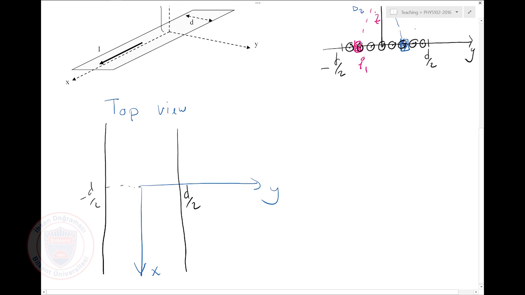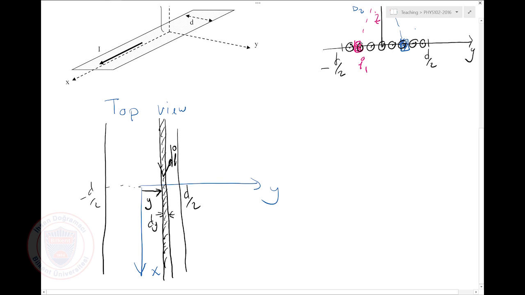Instead, I'll think of it as if it's made up of wires. So I will think of a wire that has a thickness dy, and it's carrying current di in the x direction, right?